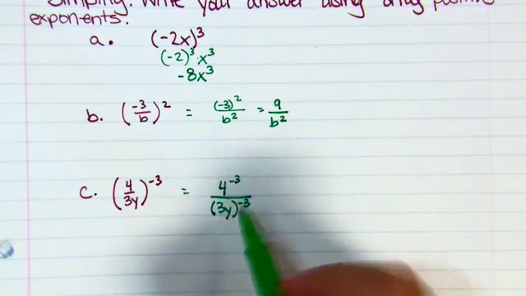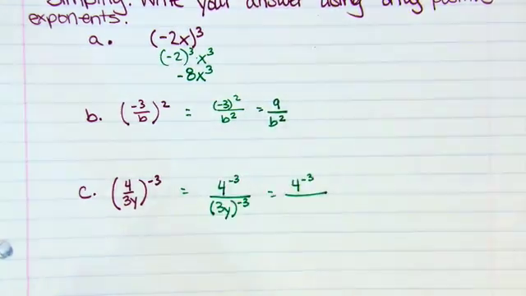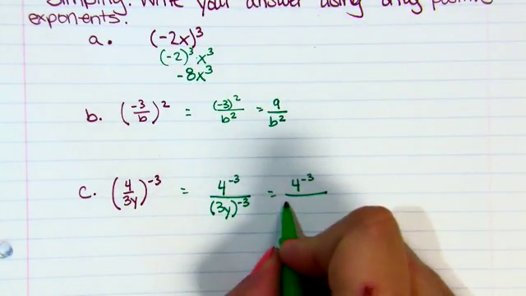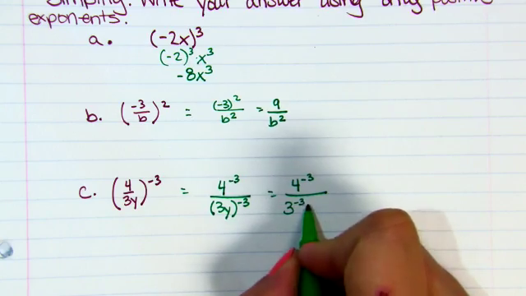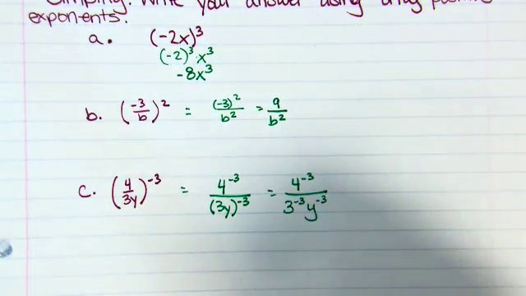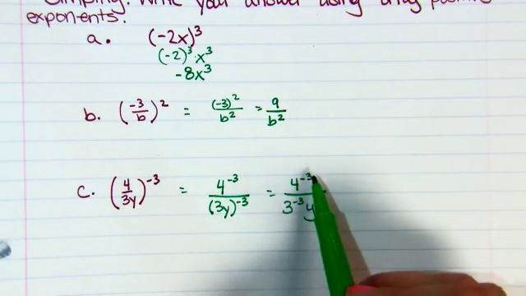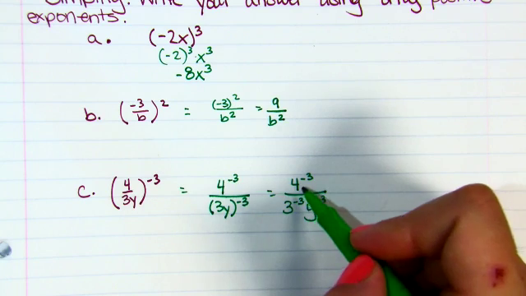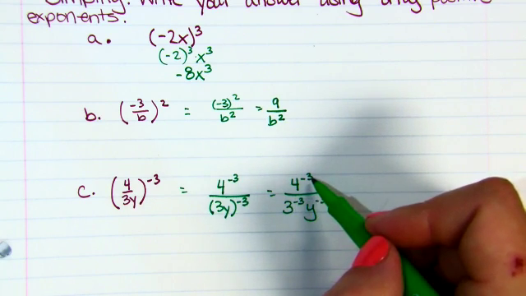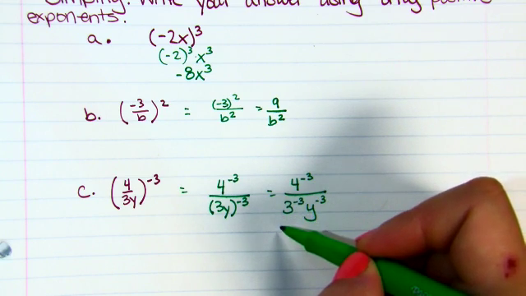Here I see that I'm not quite done simplifying. So the 4 to the negative 3 will stay there for now. This becomes 3 to the negative 3 times y to the negative 3. And now I have a couple of things that I need to deal with. First of all, 4 to the negative 3rd power is going to be 1 over 4 to the 3rd power, which means this is going to end up in the denominator.